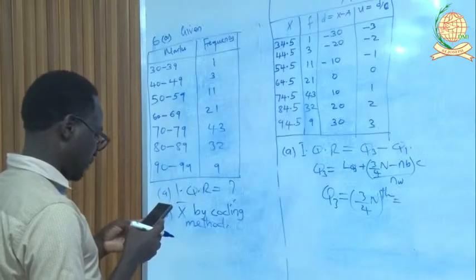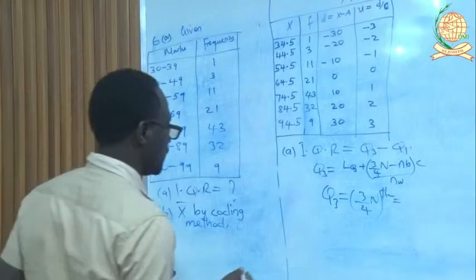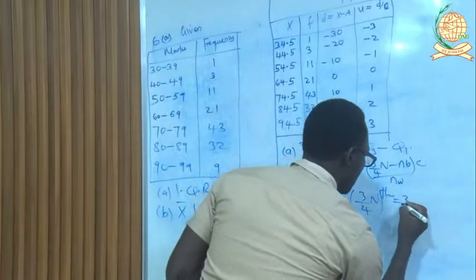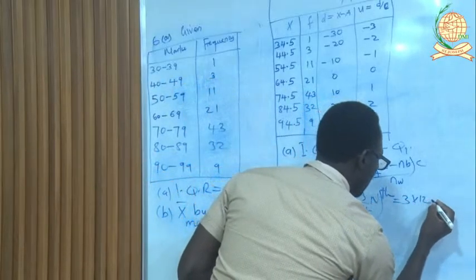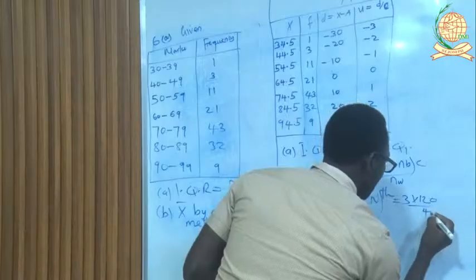Yeah, 120. So this is 3 times 120 divided by 4.